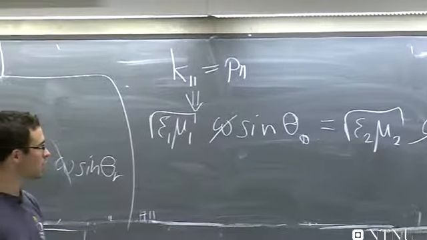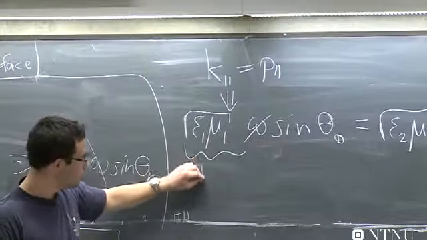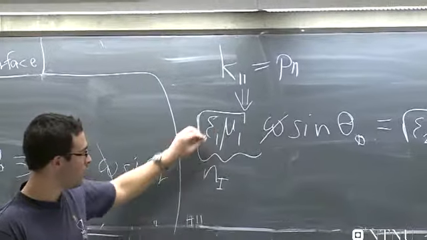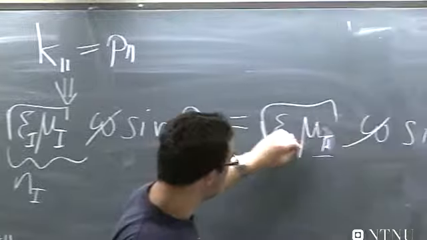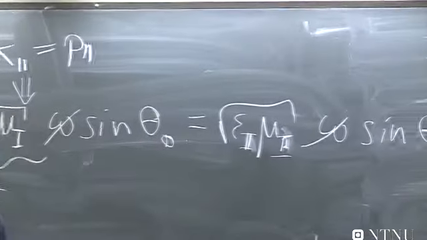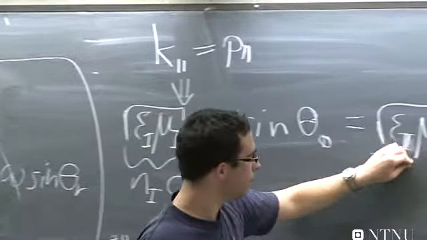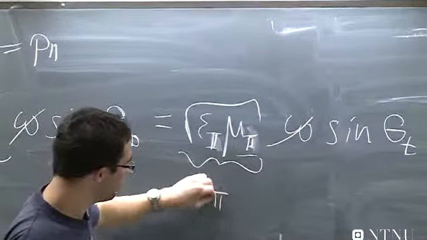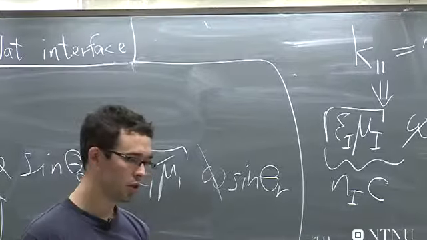This means that this is equal to the index of refraction n in region 1. Sorry, it should be Roman. So this is n1 times c, n2 c, where n is the index of refraction that you know from before.